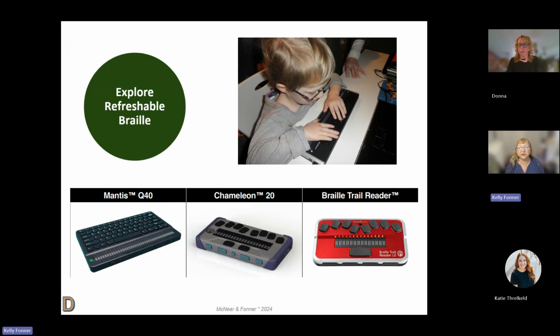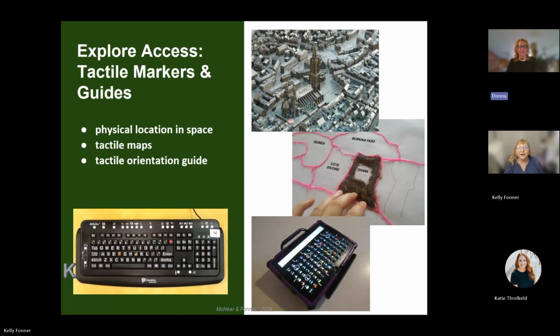So in the US, in the 8 cells, do they represent things like numbers and capital letters electronically? Yeah, we all do the 6-dot cell for everything. Yeah. Thank you. Yeah, you're welcome.